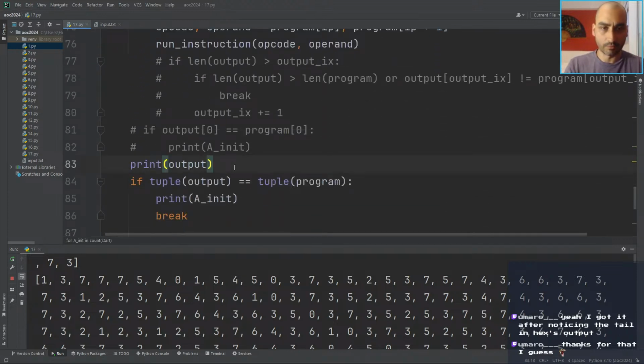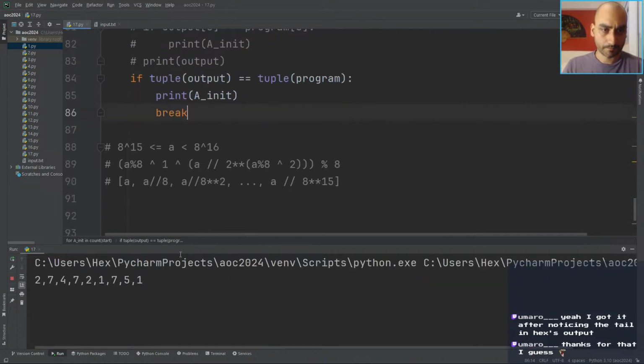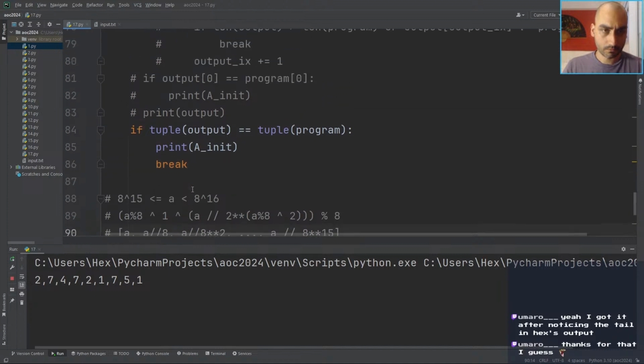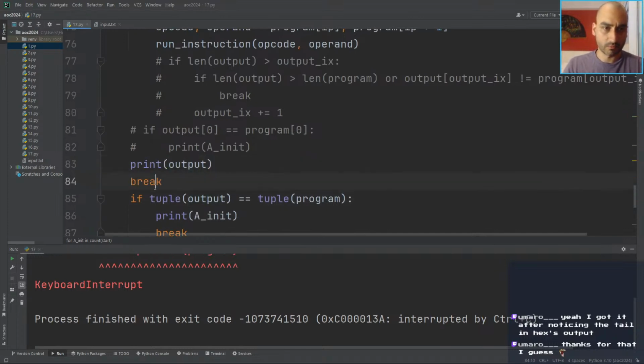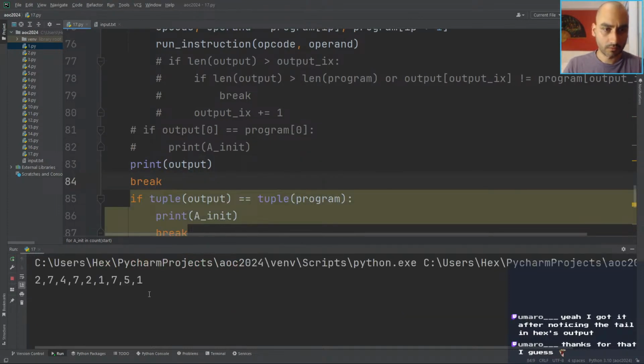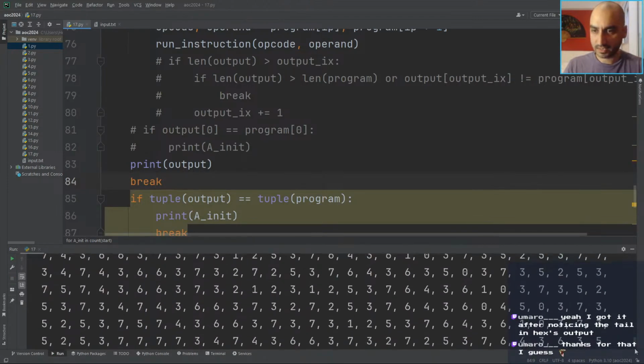Oh, I printed the output and then... Alright. Well, it's not breaking out. Okay, print output and then break. I just want to see what's going on here. What is this?